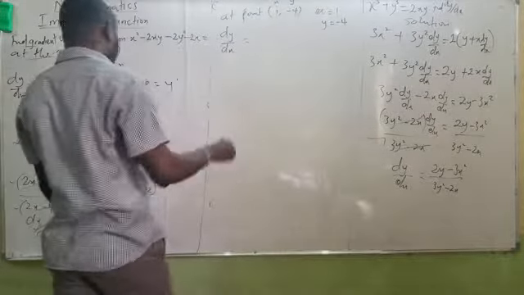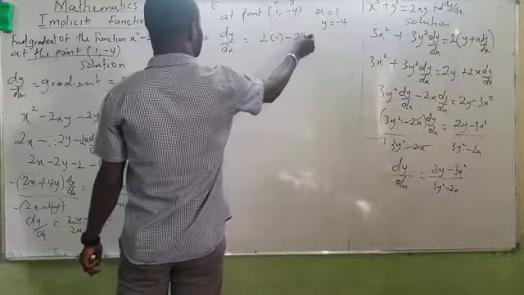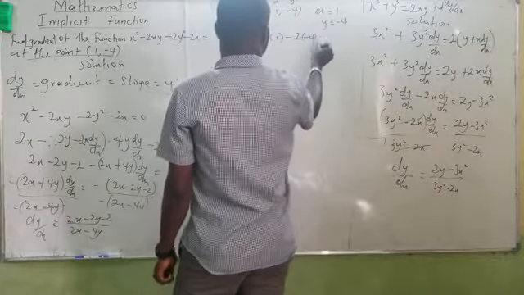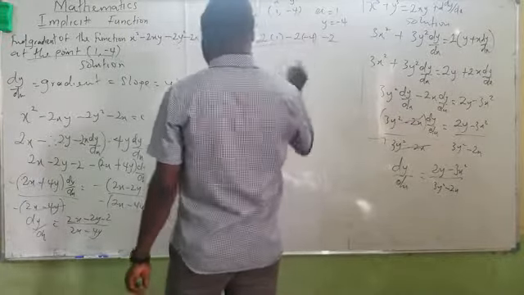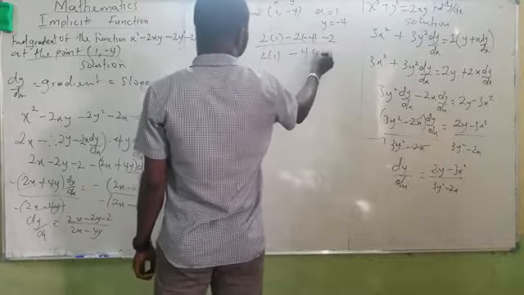It means I will come here, bracketing 2 bracket of 1 minus 2 bracket of minus 4 minus 2, divided by 2 bracket of 1 minus 4 bracket of minus 2.